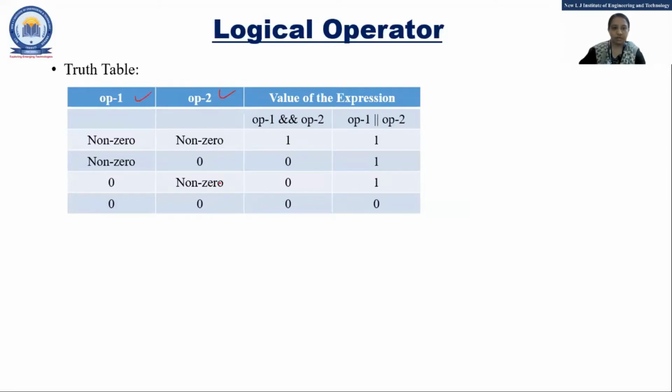Now what are we supposed to do? We have OP1 and OP2, operand 1 and operand 2, and we see the value of the expression. Here there is AND and here there is OR. We know that logical AND means both are true, so both are non-zero. Whenever you go for the truth table, it will be only in terms of 0 and 1. If both are non-zero, the output is 1, which means both conditions are true.